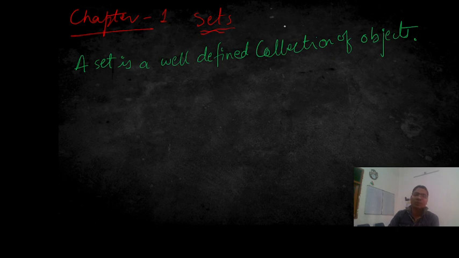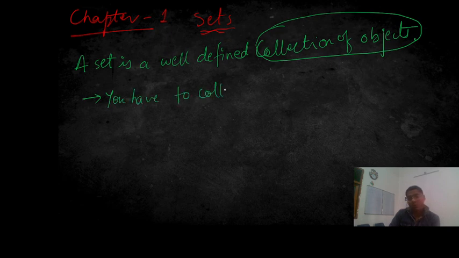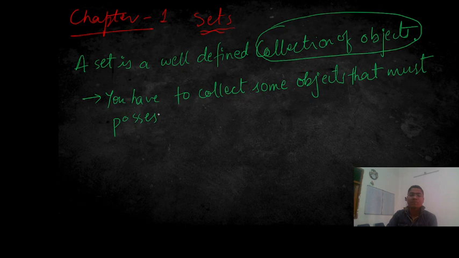A set is a well-defined collection of objects. It means you have to collect some objects that must possess the same property.